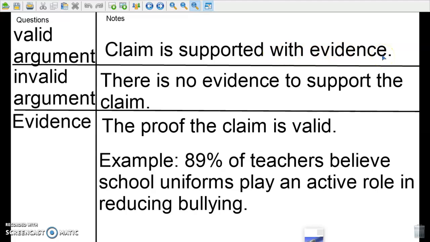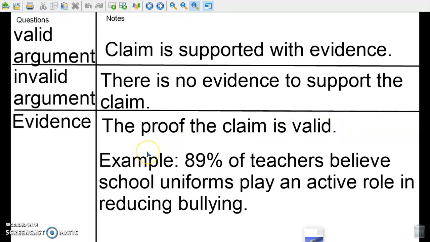So it is your I think statement, and then you have evidence to back it up. An invalid argument means that there is no evidence to support the claim. That means that you have an I think statement, but you have nothing to back it up. And evidence, of course, is the proof that your claim is valid.